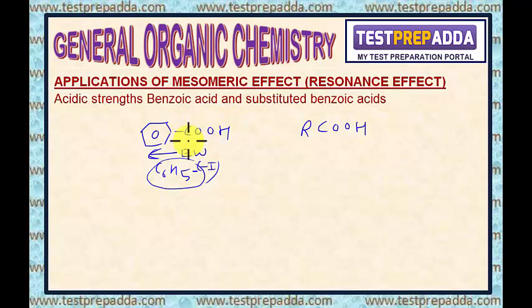But because of the COOH, there will be R effect, and R effect gets preference over inductive effect. Mesomeric effect gets preference over inductive effect. So overall, it is electron releasing.